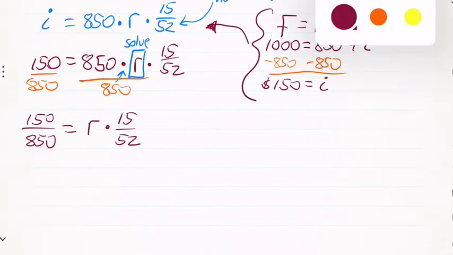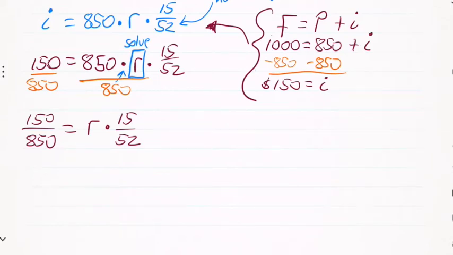Now, a neat little trick about fractions is that 15 is multiplying R, so to undo multiplication, I would divide. And 52 is dividing R because it's in the denominator. Remember, back to converting units, anything in the top is multiplication, anything in the bottom is division.